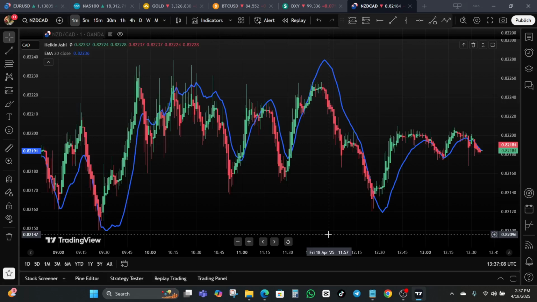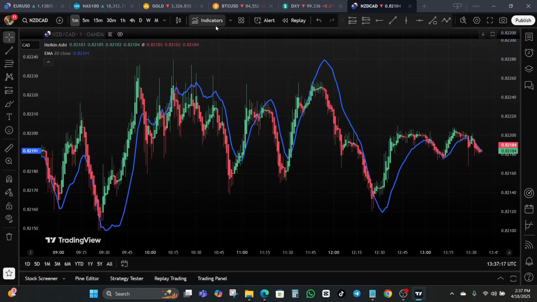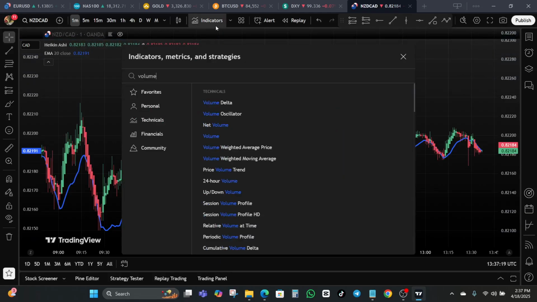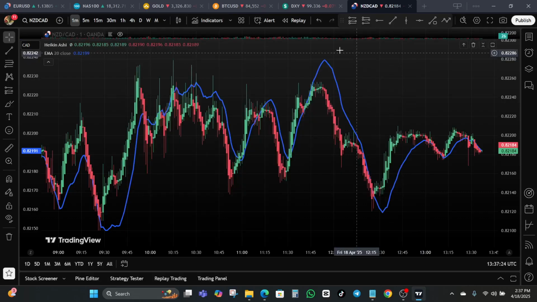Then you can also decide to use RSI. And then I'm also going to be adding the volumes indicator.